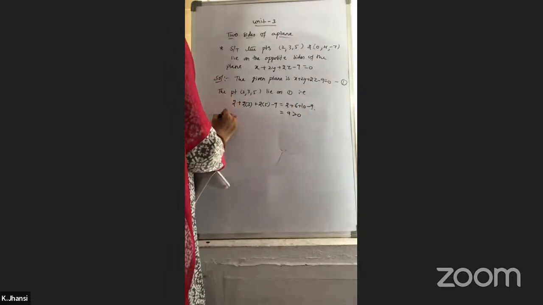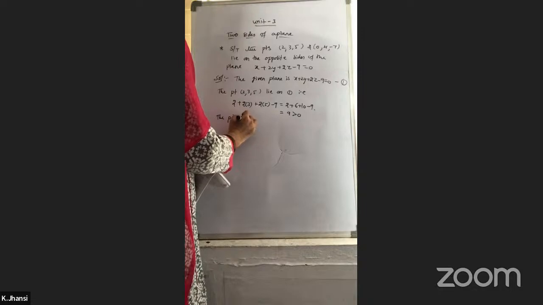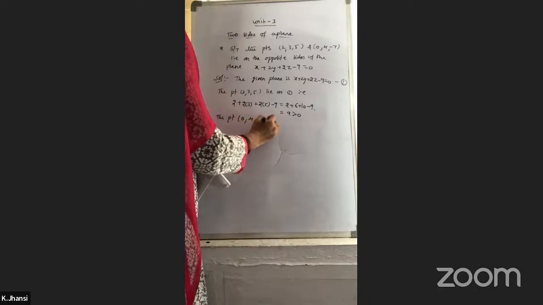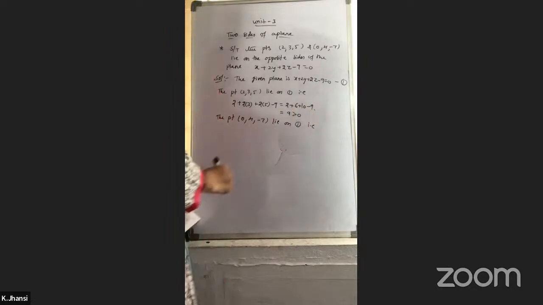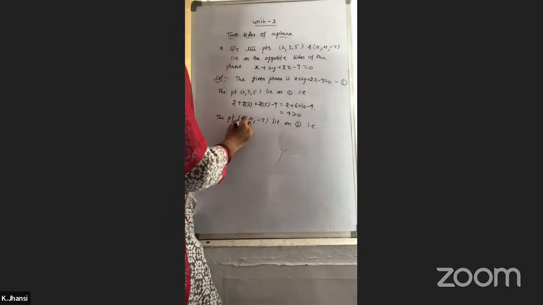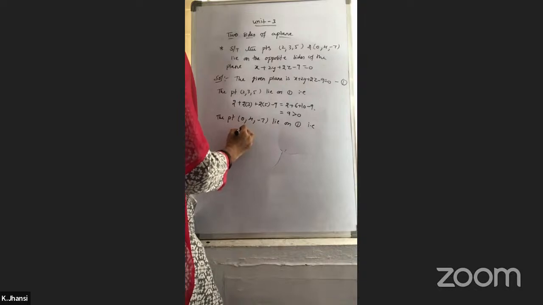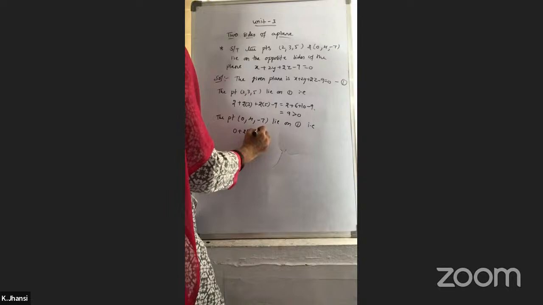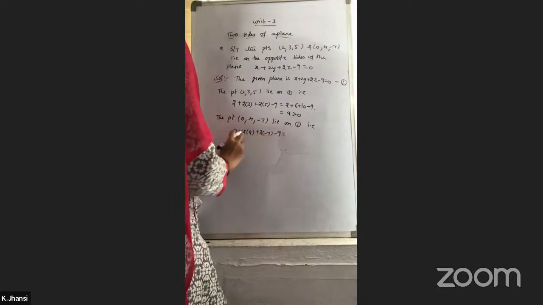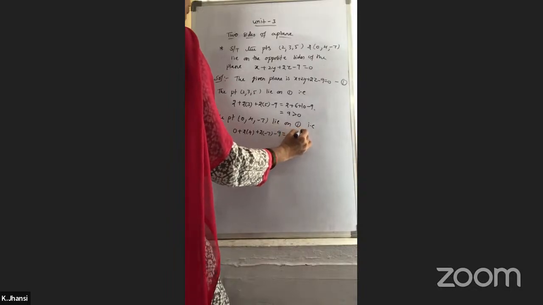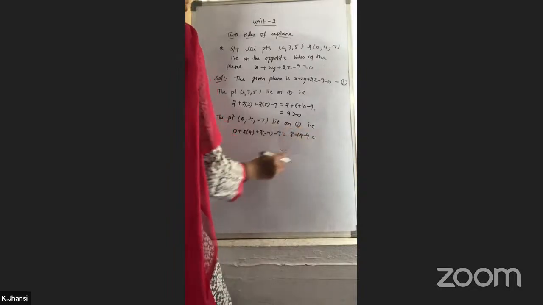Next, what is the second point? 0 comma 4 comma minus 7. Lies on 1. So that is, first one is 0 plus 2 into 4 plus 2 into minus 7 minus 9. 2 4s are 8, 7 2s are 14, minus 9.